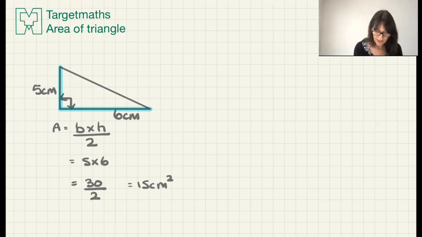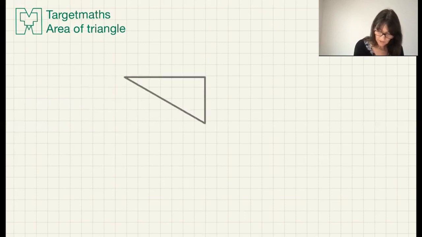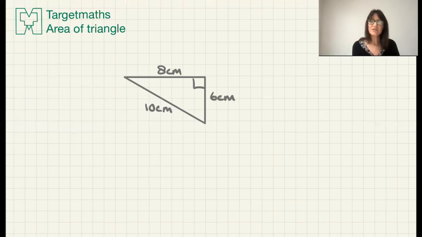Let's do one more and just make sure we're happy. So we're going to do our triangle like this. My right angle, I've got 8 centimeters, 10 centimeters, and 6 centimeters. Because sometimes what they like to do is they like to test you.